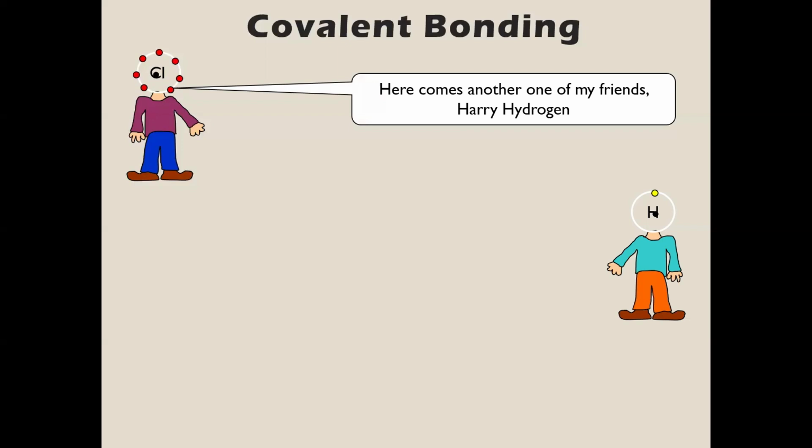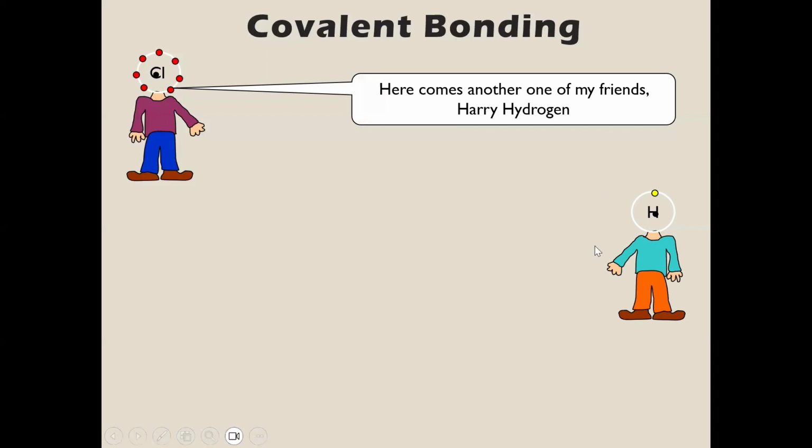You know, the atomic number of hydrogen is 1, so it has only 1 shell, which has 1 electron. And usually every shell, every energy level, is full with 8 electrons except the first shell.